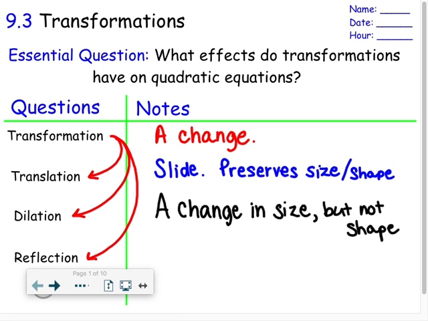A dilation is when you make a copy of something, but it's like a larger scaled copy or a smaller copy of a figure. And then the last one is a reflection. A reflection is a flip. And that one preserves size and shape, just like a translation does.